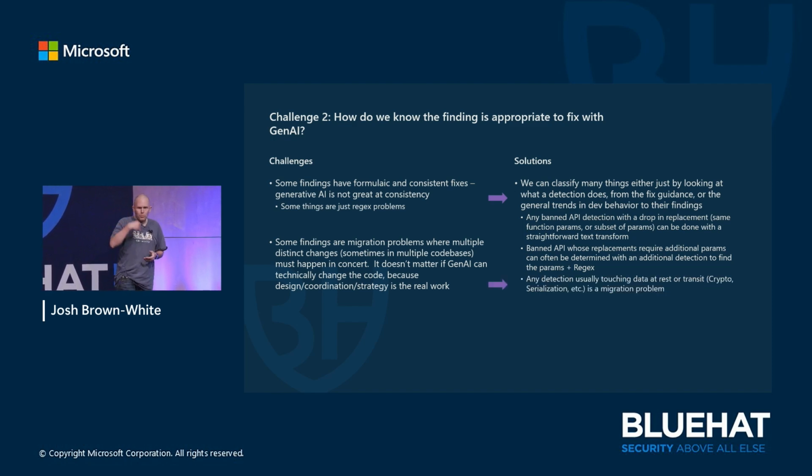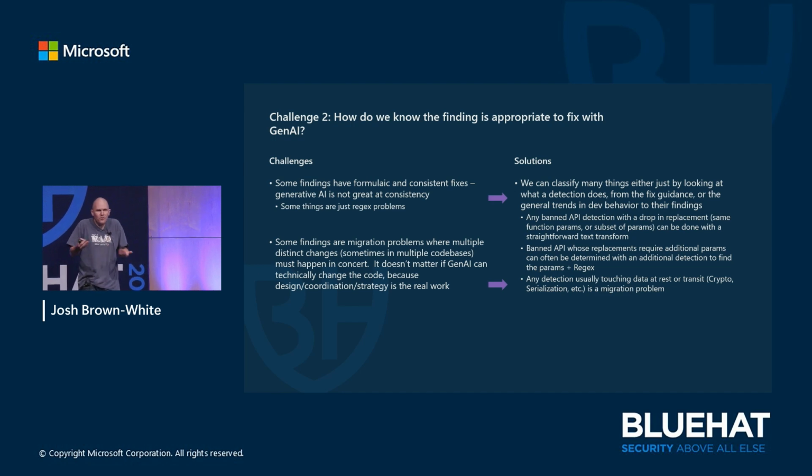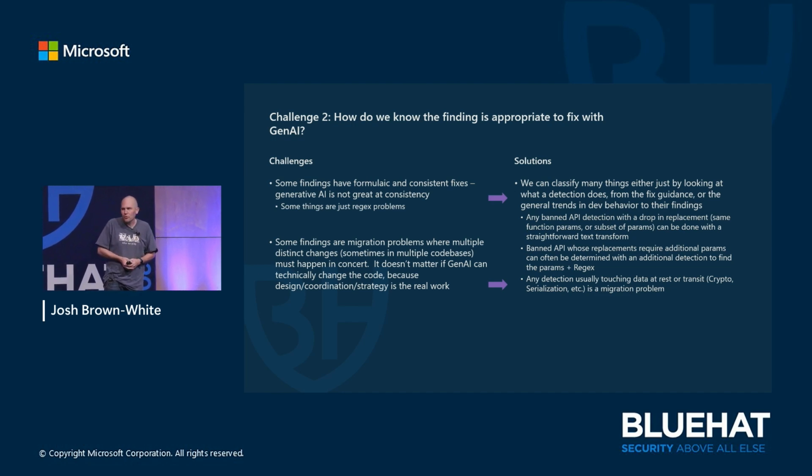And these we can also predetermine. They're going to be cryptography, serialization, basically anything that touches a data format at rest or as an interchange between components. So we can just easily categorize those and attach those as metadata to the detections so that we aren't applying large language models for them and ruling out things that they aren't a good tool for.